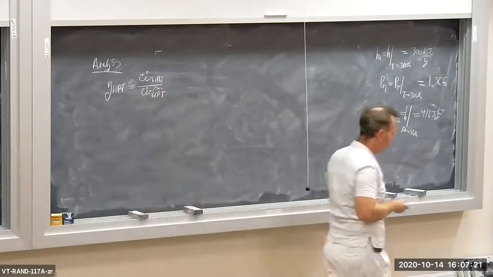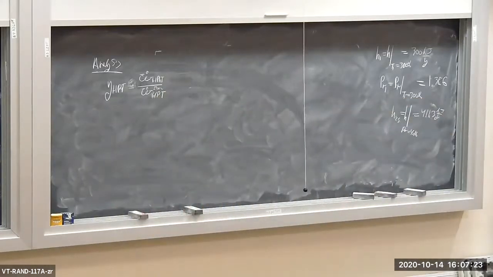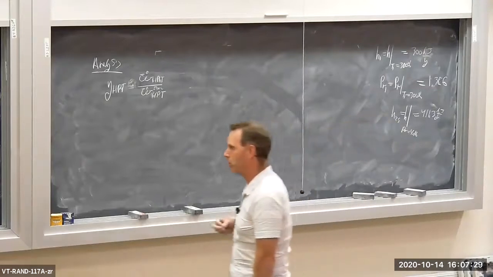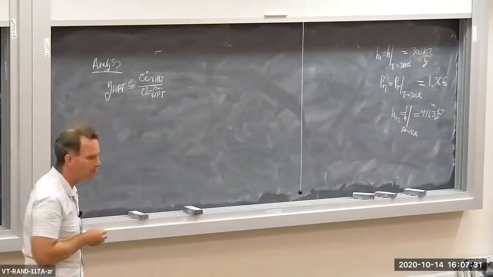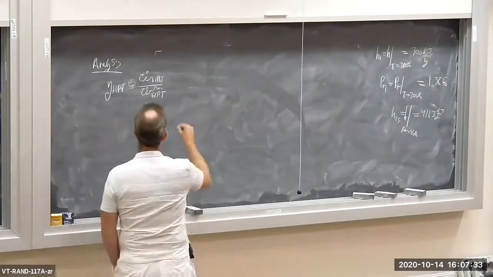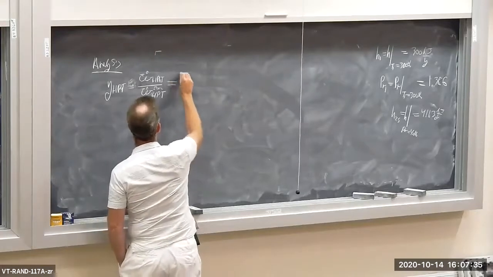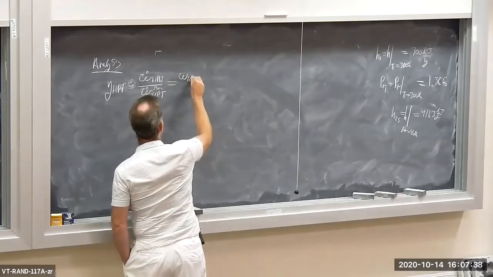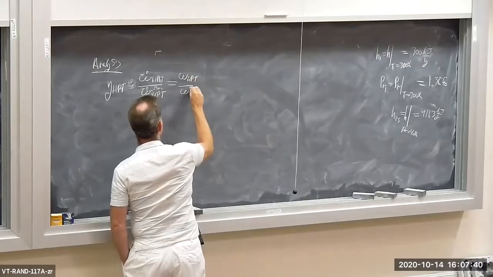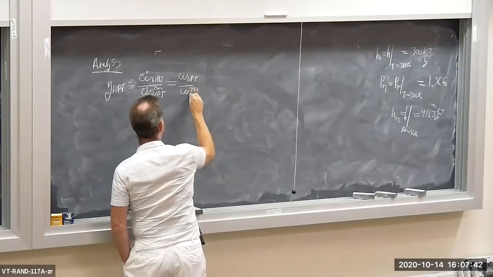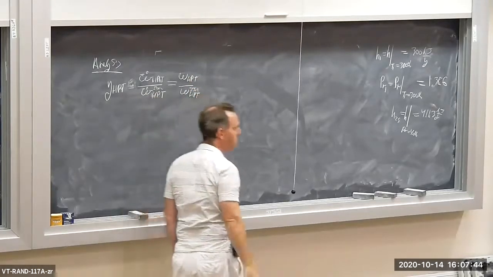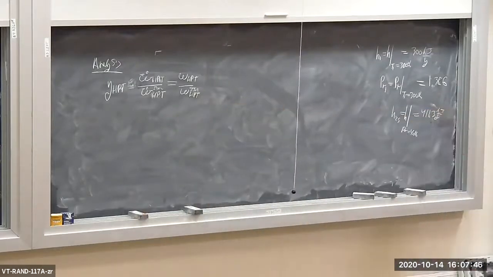So W dot HPT divided by the work produced by the high pressure turbine operating isentropically. And of course this is equal to WHPT over W isen HPT. Why can I do this? Because the mass flow rates through the isentropic and the actual turbine are the same. Okay?